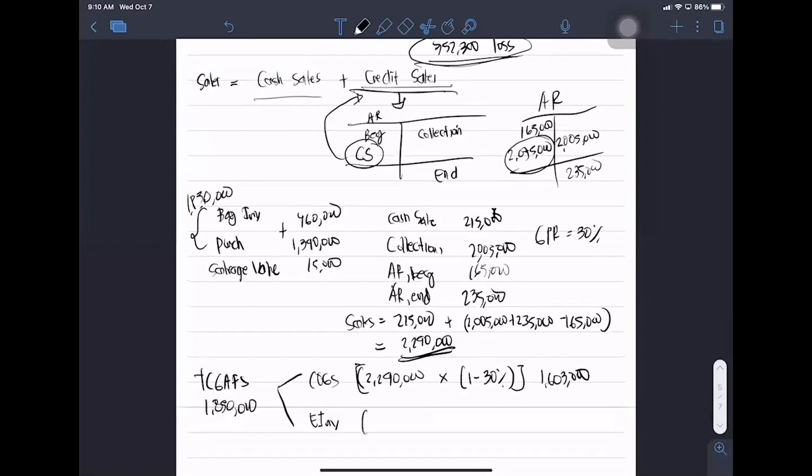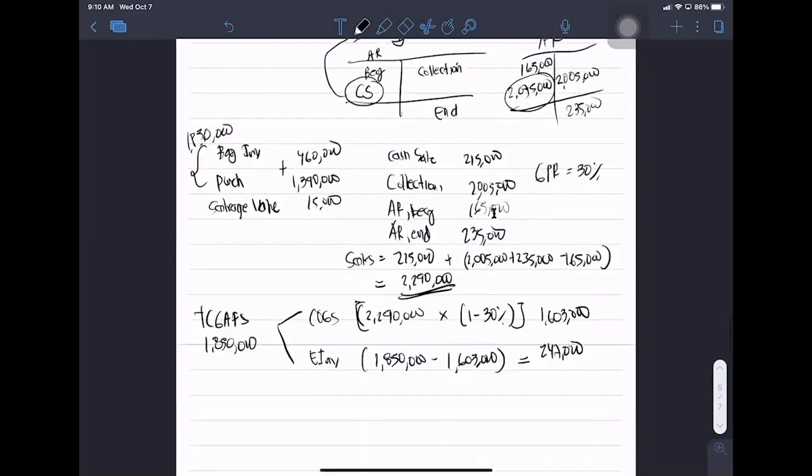So our ending inventory is equal to 1,850,000 less 1,603,000. So 1,850 less 1,603 will give us 247,000. And we compare this to your salvage value.